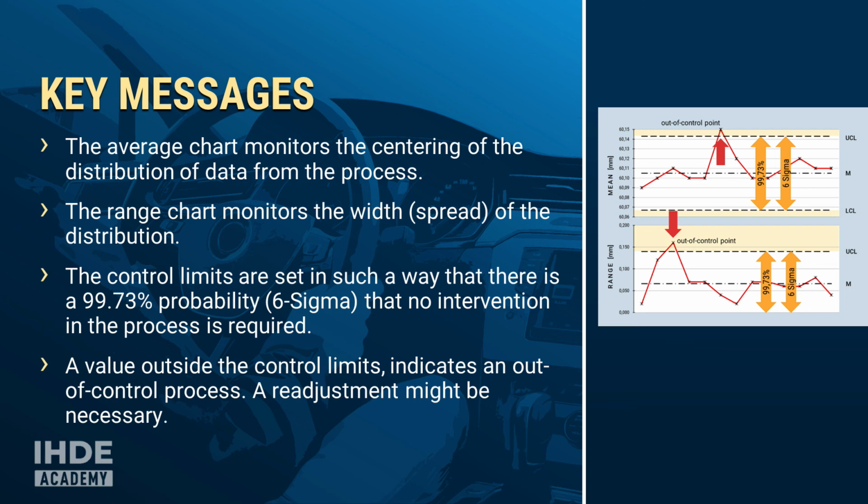This is the spread of the distribution. The control limits are set in such a way that there is a 99.73% probability that no interference in the process is required. A value outside the control limits indicates an out-of-control process. A readjustment might be necessary.